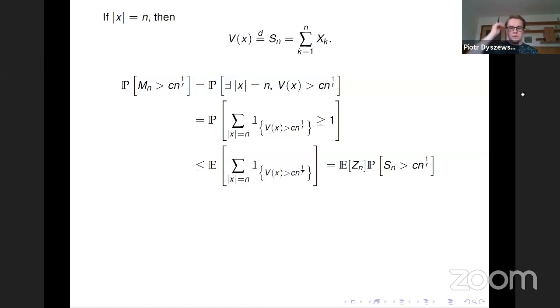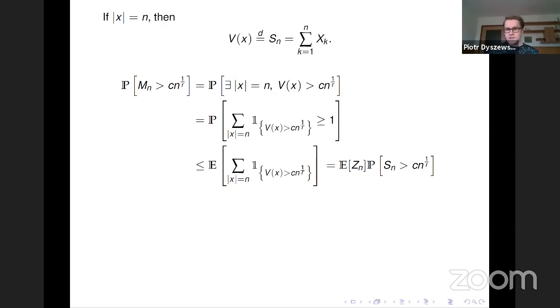So you look at the probability that one of the guys is greater than this threshold, and you can use the first moment method to bound this basically by the expectation of the number of guys that are greater than this threshold, right? And what you get is the expectation of Zn, which is roughly m to the n times your deviation.